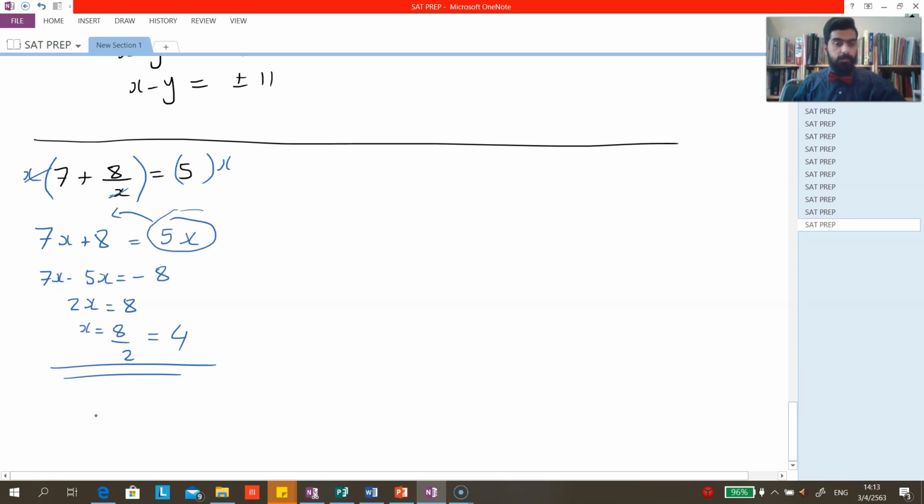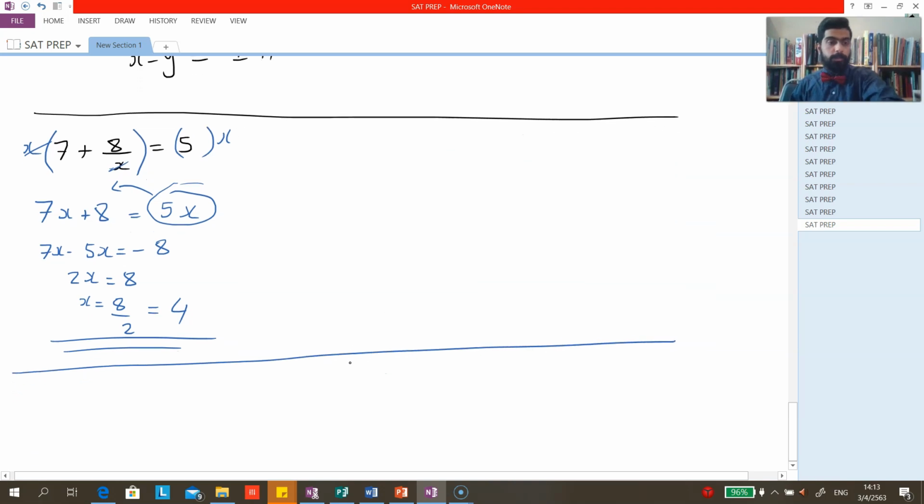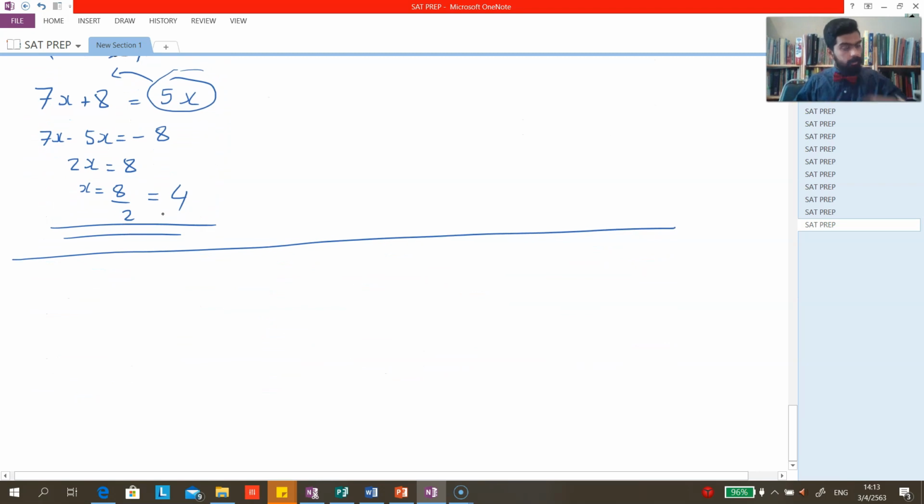Now, let us talk a little bit about functions. Or you know what, before that, let me give one more example, which is a pretty common example, pretty similar to the above question. So let's say I have 3 and 4 over 5 plus 3 over x is equal to 4.